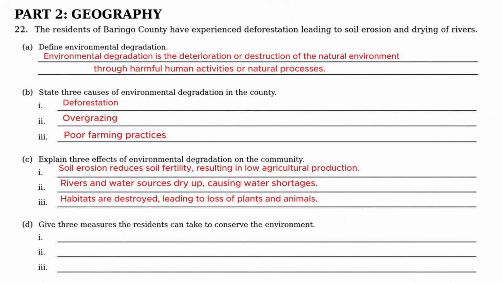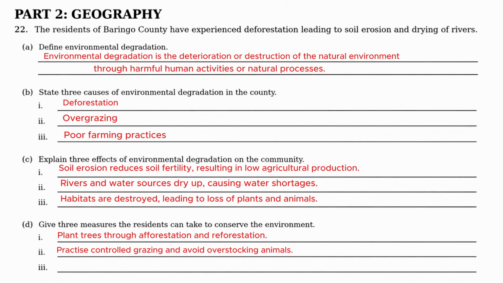Then question D, give 3 measures the residents can take to conserve the environment. Conservation of the environment measures. So number 1, the most important, they should plant trees through afforestation and reforestation, you see. And then they should practice controlled grazing and avoid overstocking of animals.